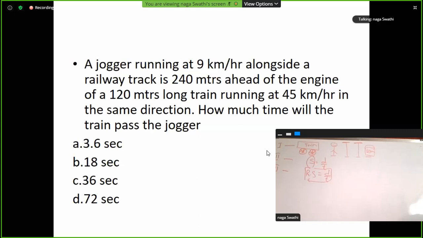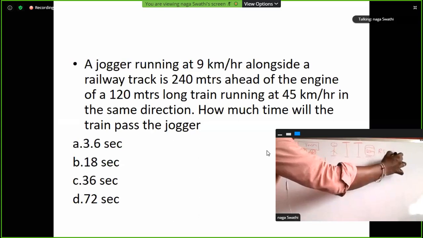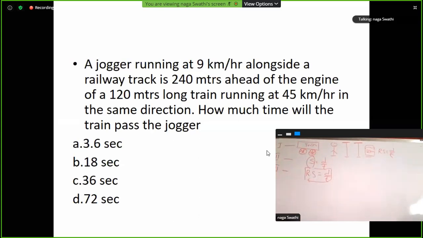Please be careful. Relative speed is equal to distance by time. So this is case one. Comparing to train length, the person or telephone pole or electric pole or kilometer milestone lengths are very less. So those are negligible. Clear?